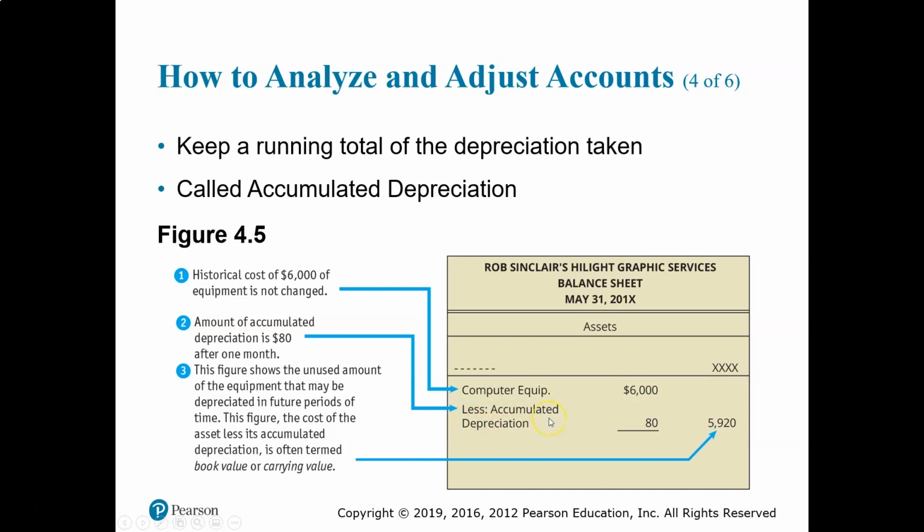And a contra asset account means that its normal balance is a credit. So remember, an asset, the normal balance is a debit. But for a contra asset account, the normal balance of the account is a credit. So that's why we're subtracting the accumulated depreciation to get our net computer equipment there. So that is how it's presented on the balance sheet.